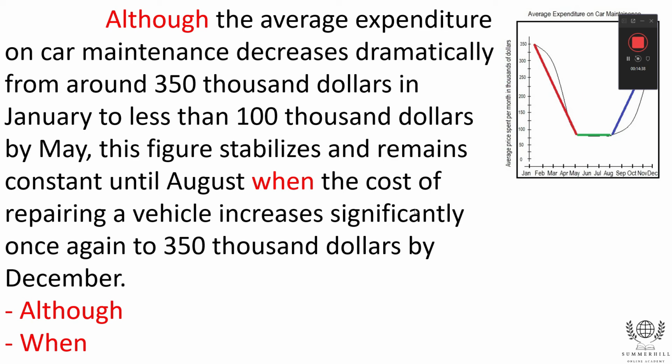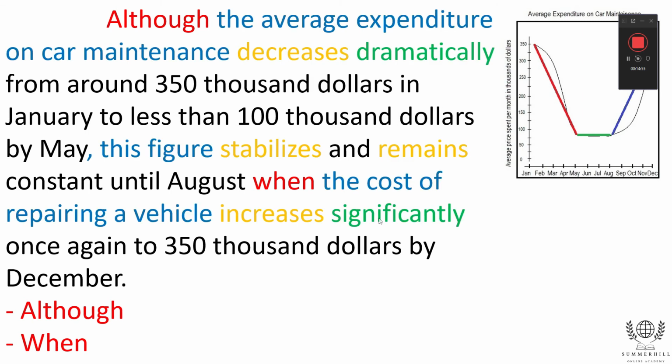right? And this is important because this is simple present that we're using, and we know that we need to use simple present because in our second step, when we were dividing information, we identified that this is a reoccurring trend. This is a trend that happens all the time, right? So we're using simple present.